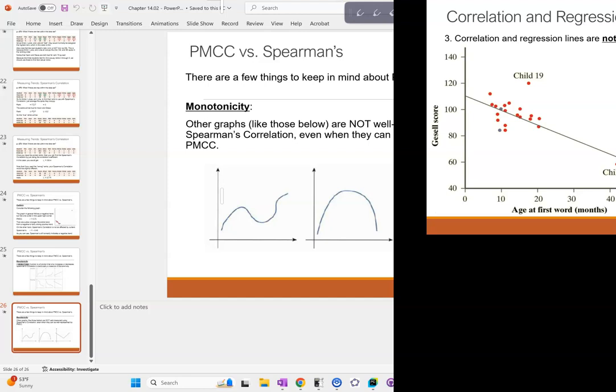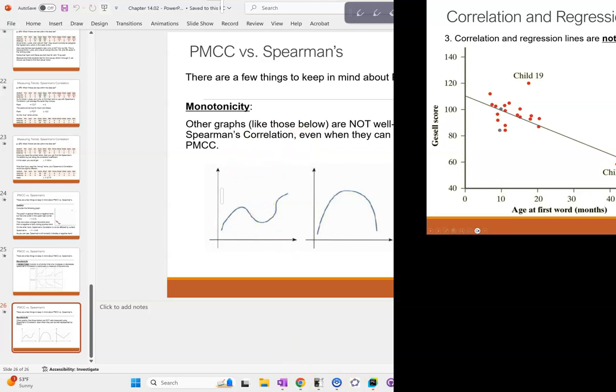If I calculate the R value with everybody in it, I get a negative 0.64. If I remove this child up here, child 19, this is a data set of children's Gesell score, which I think is like an IQ test for children, and the age at which they said their first words.